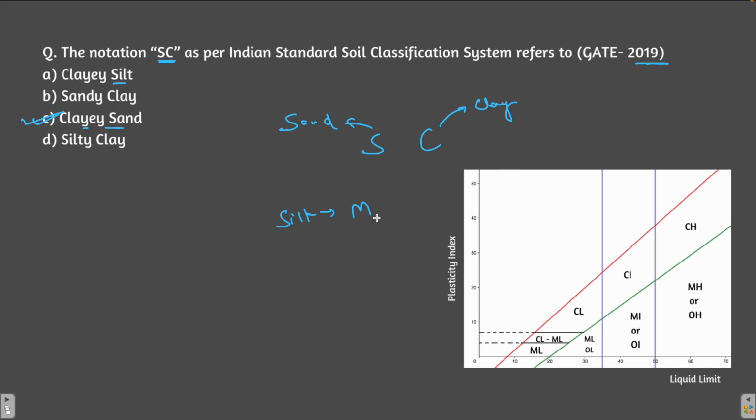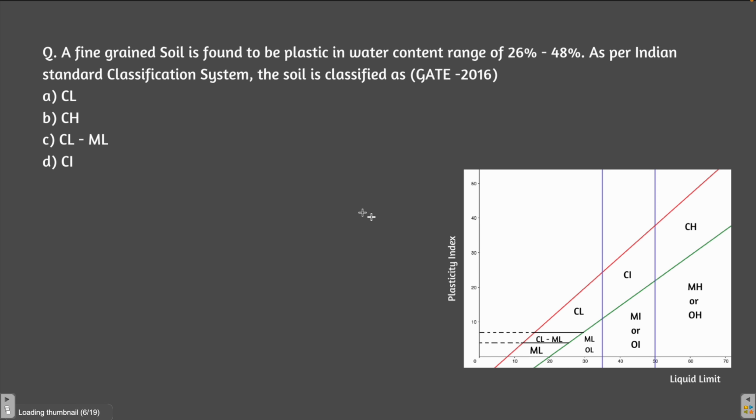Okay. Let's move ahead. A fine grained soil is found to be plastic in a water content range of 26% to 48%. That means the soil is in the plastic state between these two water contents. That means this is the liquid limit of the soil, and this is the plastic limit of the soil.